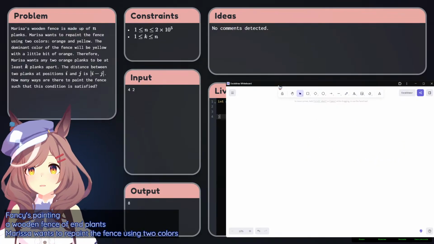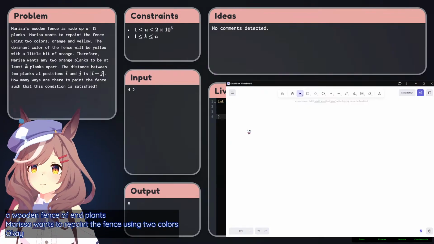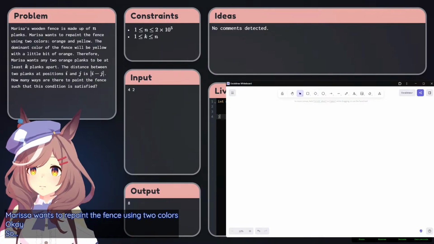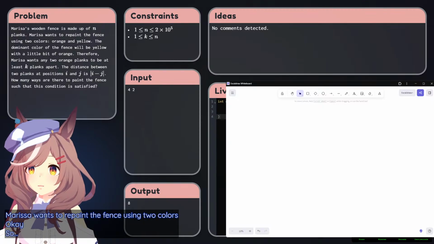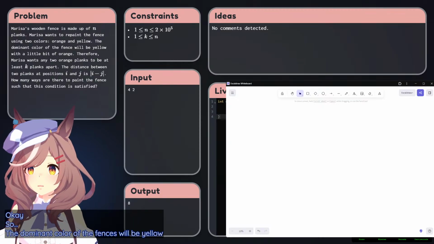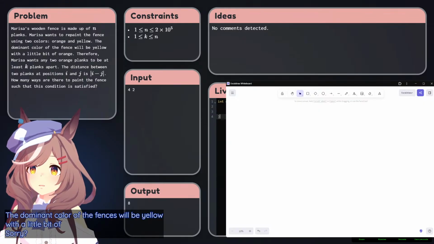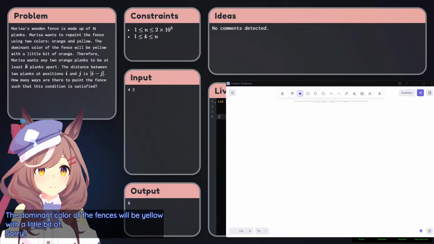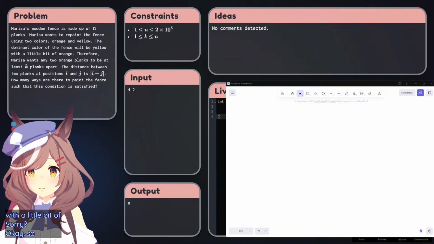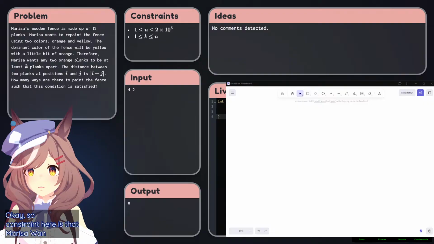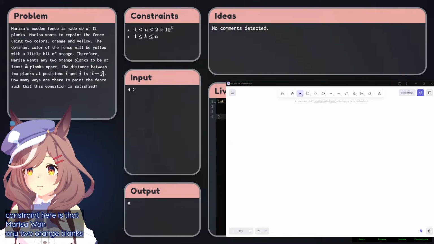The dominant color of the fence will be yellow with a little bit of orange. Therefore the constraint here is that Marisa wants any two orange planks to be at least k planks apart.